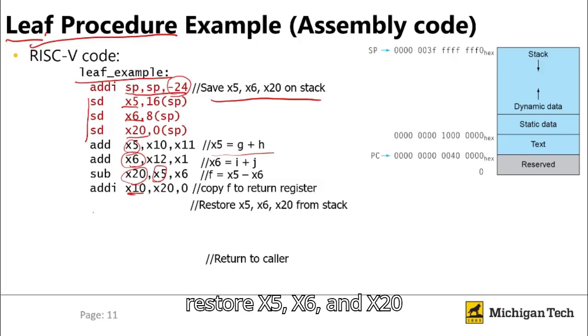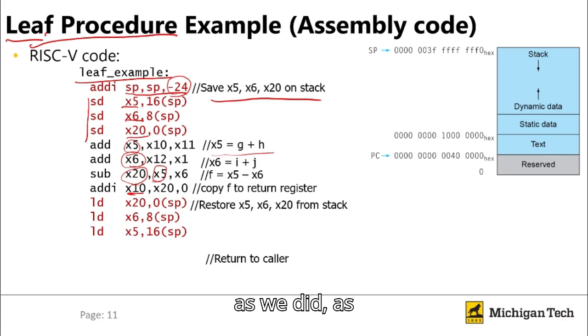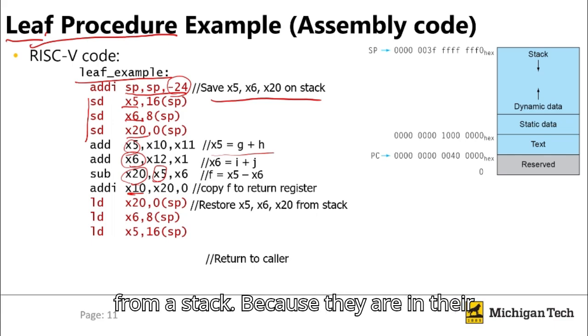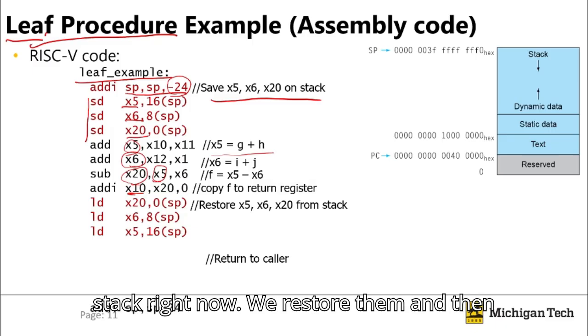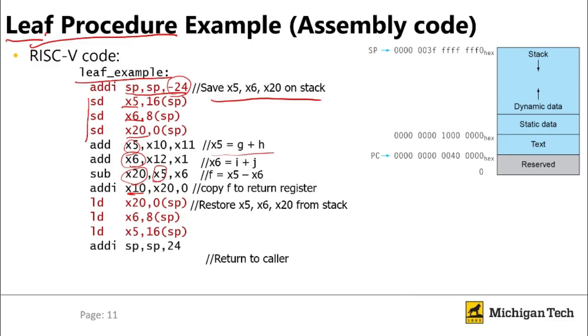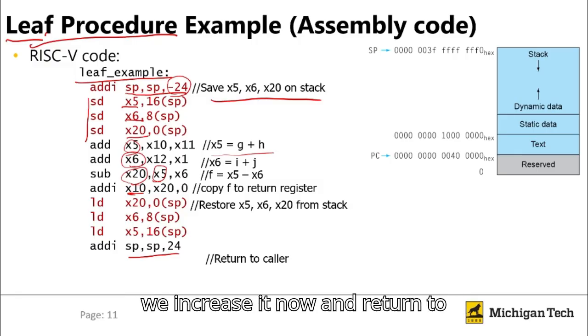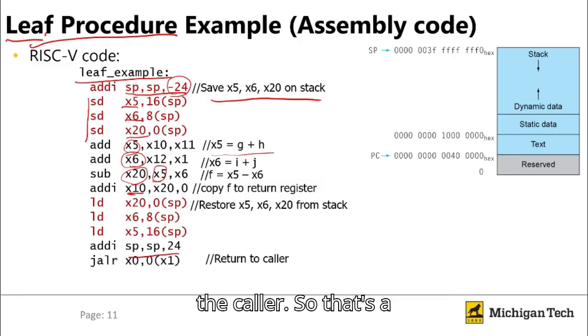And restore x5, x6, and x20 as we did. As we saved them, right now we restore them from the stack because they are in the stack. We restore them, and then bring the stack pointer back, because we decreased by 24, we increase it now, and return to the caller.